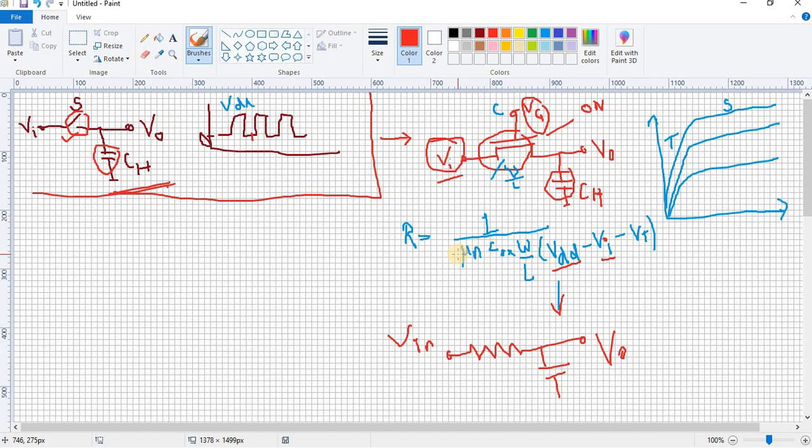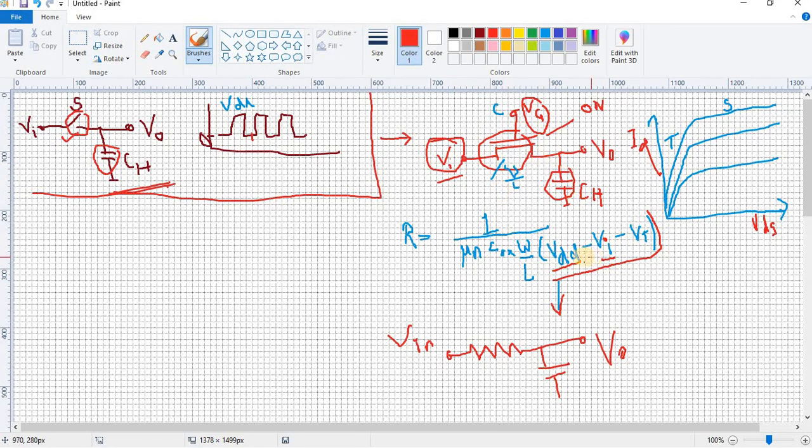This can also be related to the output characteristics plot, where the output current should be ID and this should be VDS. In the general equation of the current, I equals mu n Cox by 2, W by L, VGS minus VT, right? Here VGS is VG minus VI. So if VI is increasing, VG minus VI is decreasing.